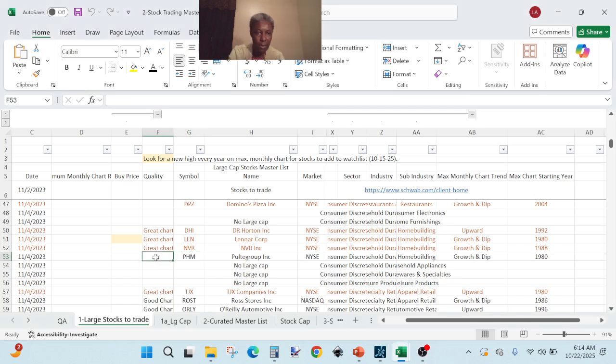keep it as, am I putting gray or am I putting good? I think it is good to just use one terminology because we are going to filter those.